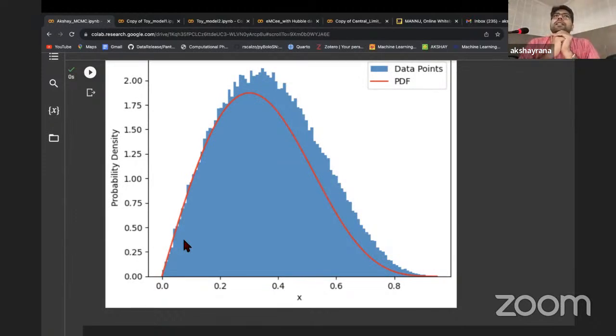Now, the most useful PDF that we come across is the normal distribution. For the normal distribution, you will face a challenge.